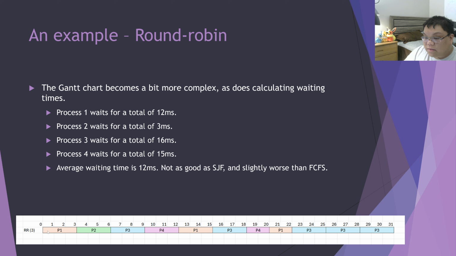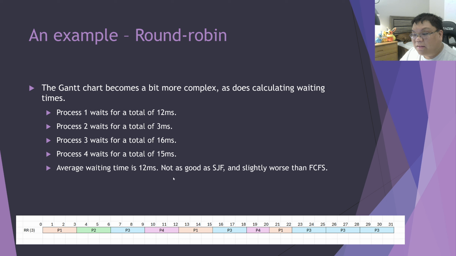So 6, 6, 4, 16 milliseconds. Process 4 waits a total of 15 milliseconds because it had to wait for 3, 6, 9, 12, 15 milliseconds in the queue for its 2 turns to run.